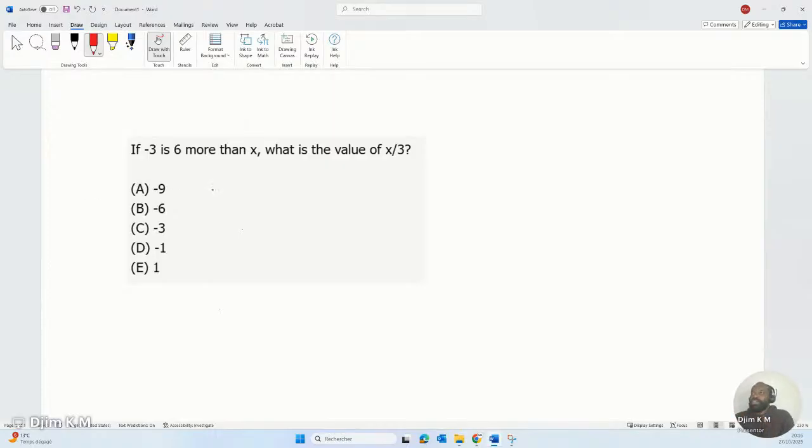Okay, so if minus 3 is 6 more than x, what is the value of x over 3?